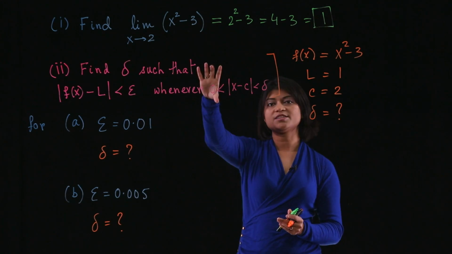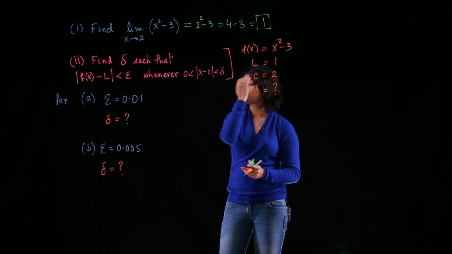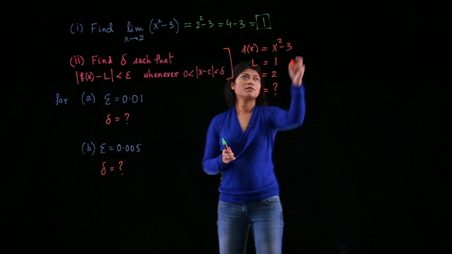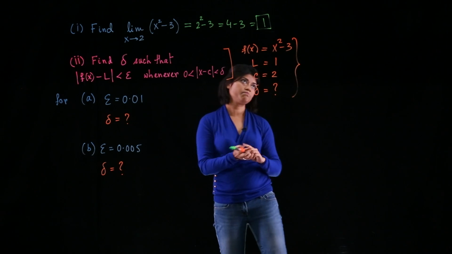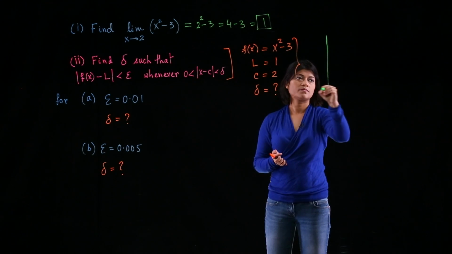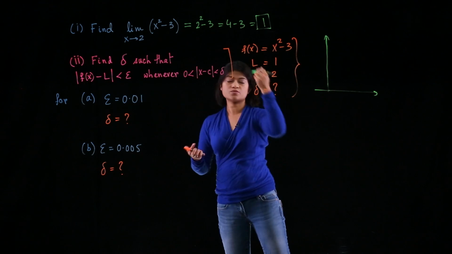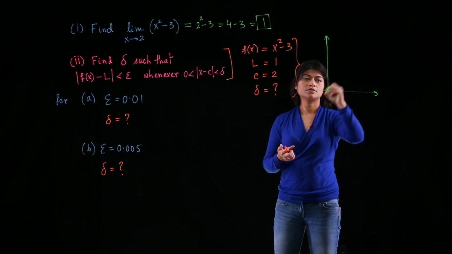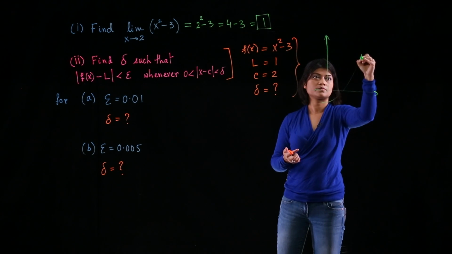So this statement is basically the definition of a limit existing. To quickly understand this, let's just look at a graph. Our function is x squared minus 3, which looks something like this.